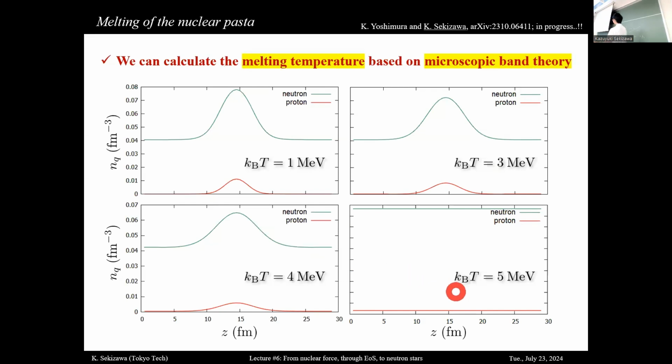As temperature increases, as you can see, the slab is melting, and finally it becomes uniform. In this way, we can use the microscopic band theory, including superfluidity and temperature effects, to describe what's inside the inner crust.